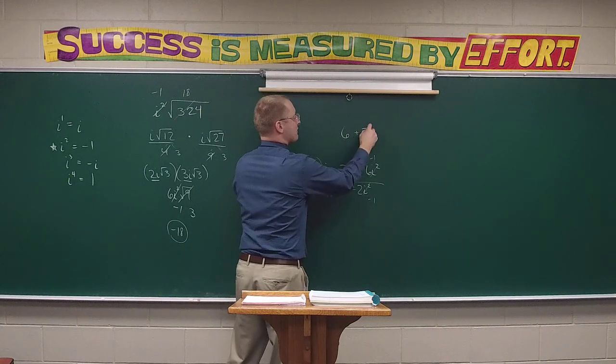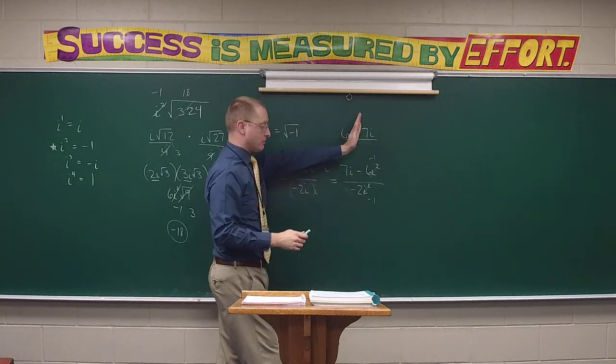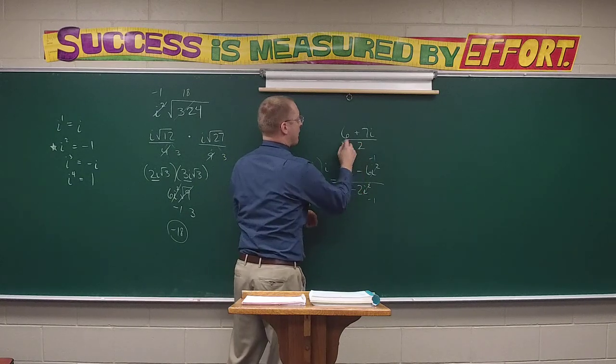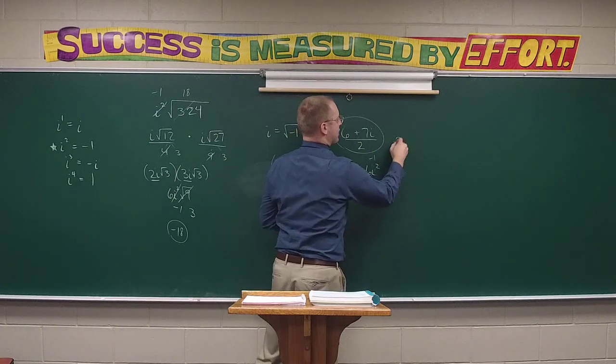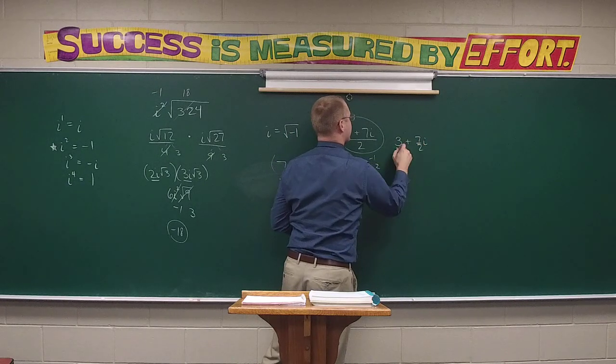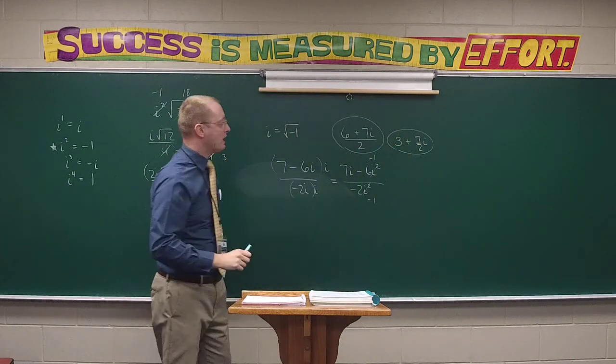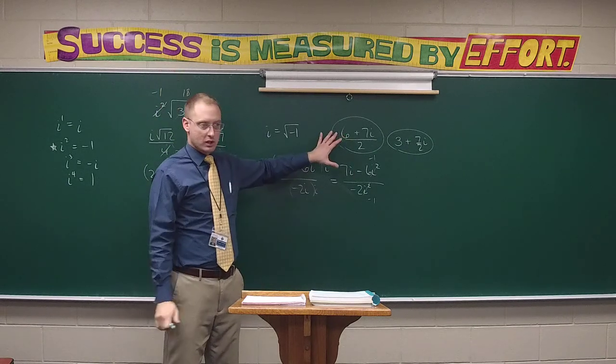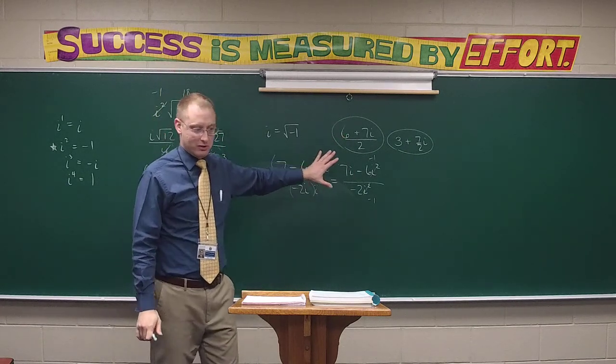I'm going to put the +7i after it. Real always comes before imaginary. And -2 times -1, class, 2. And we could either leave our answer like this, or we could say 3 plus 7 halves i. Either answer would be appropriate. How many had one of those answers on number 4? All right, questions on that.